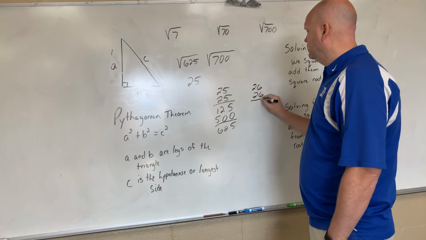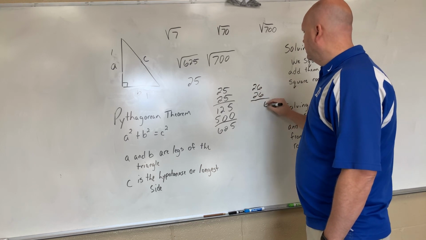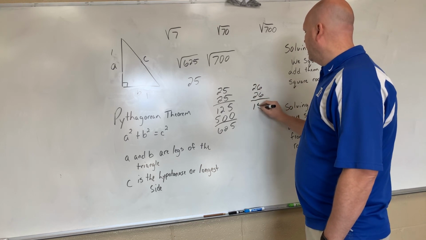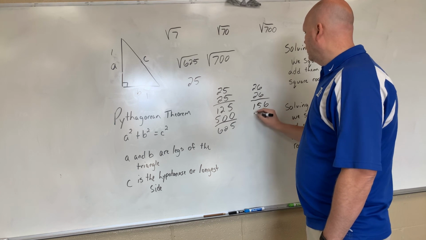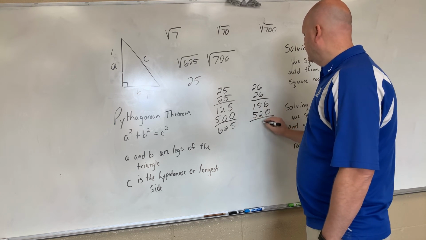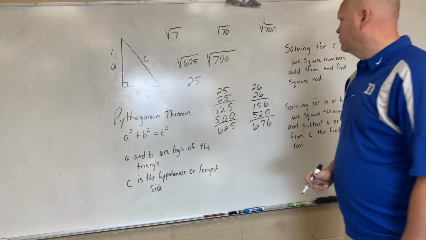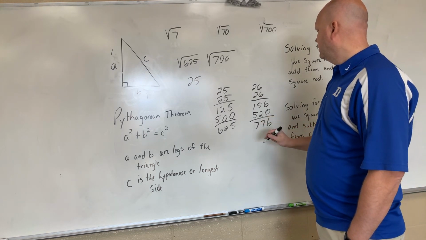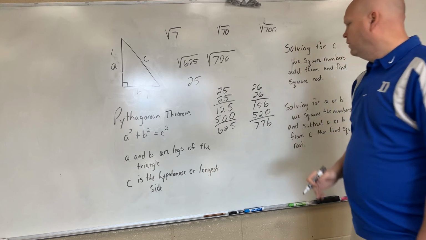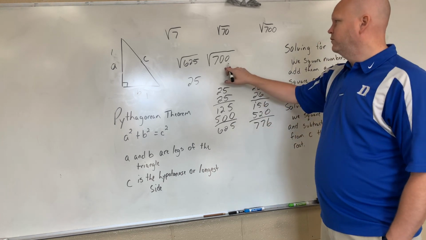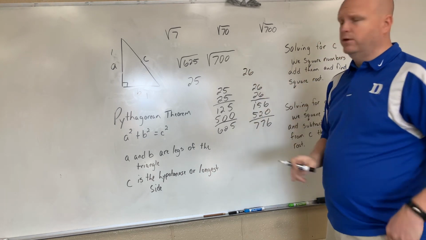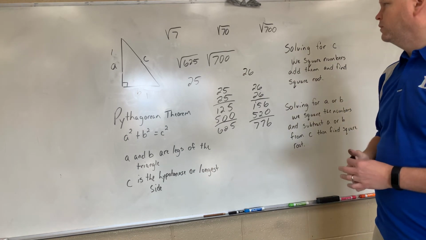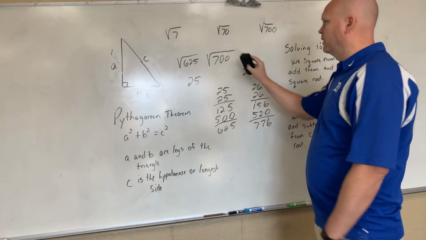We can do it just to make sure. I think I didn't add the one here. So 625 and 676, which would put this between 25 and 26. So that's how you would estimate a big number like 700.